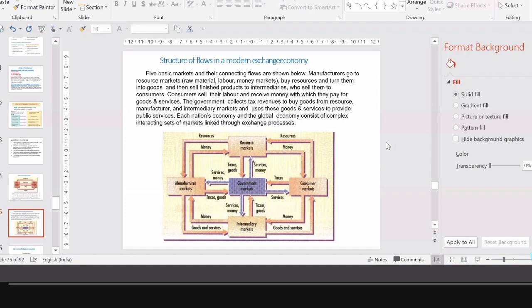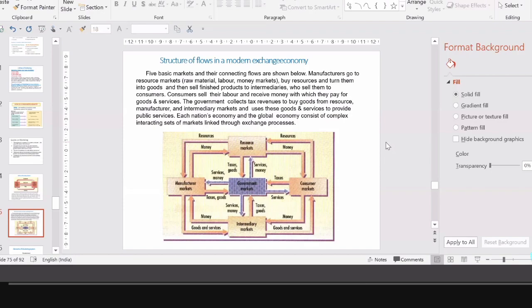Manufacturers procure resources from vendors for payment of money. So they receive resources and they pay money to the vendors. Similarly, they provide goods and services either through intermediaries or directly to the consumer and get back their money. For services provided by the government, like electricity, road and transport, the manufacturer in turn has to pay taxes on the goods and services they render.